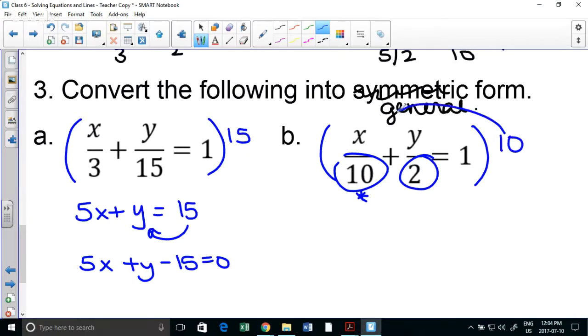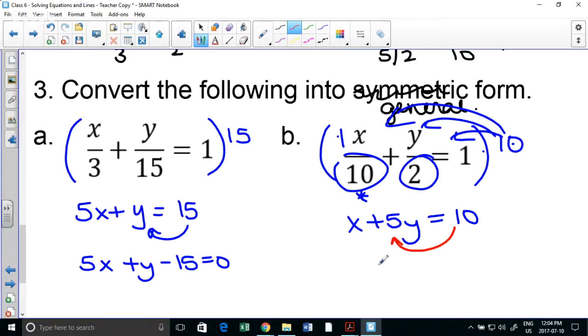This 10 distributes to every term. 10 times 1 divided by 10 is just 1. 10 times 1 divided by 2 is 5. And 10 times 1 is 10. Because this is positive, I'm going to move this over, and I get x plus 5y minus 10 equals 0.